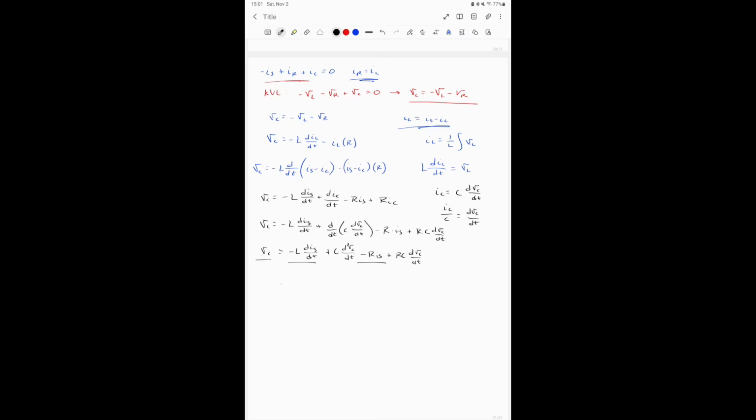So you have C d squared VC over dt squared plus RC dVC over dt, and then you have VC, so minus your VC is equal to your R times IS plus L dIS over dt.